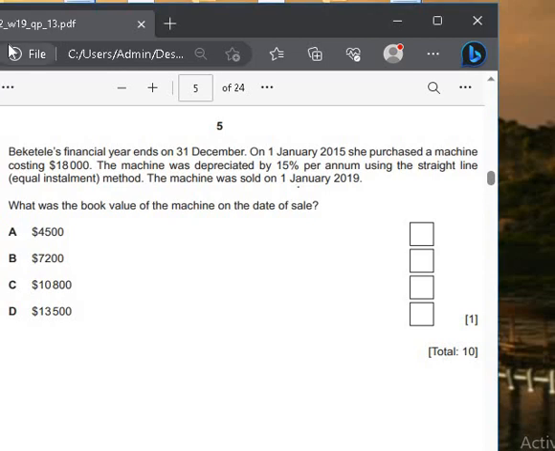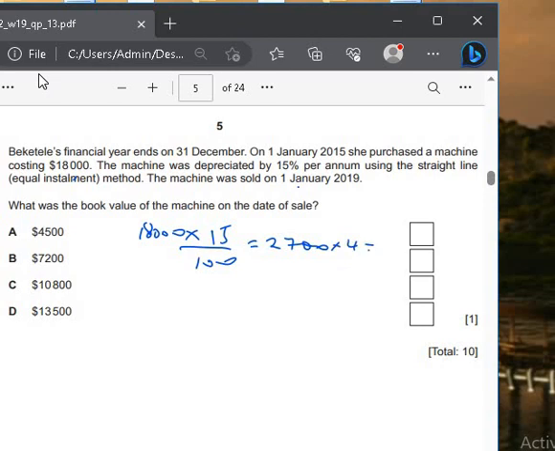Straight line depreciation is equal each year, so the annual depreciation is 18,000 times 15 over 100, which is 2,700. Then we multiply by 4 for 4 years.